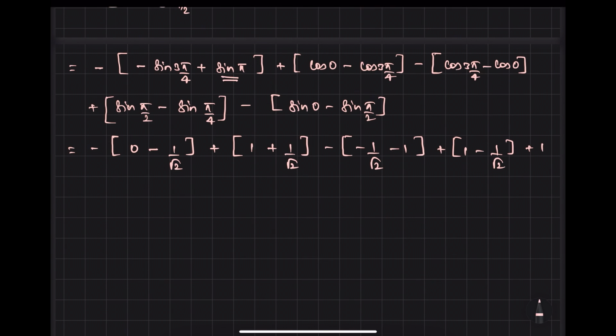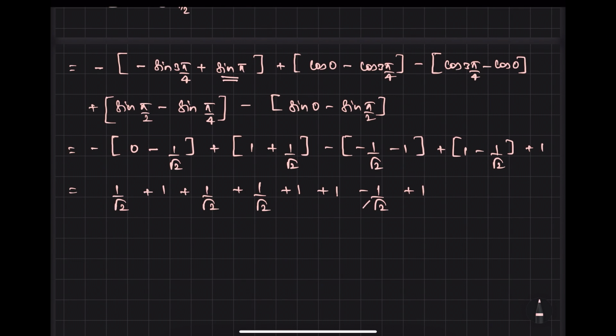Okay. Now let's simplify things. So it will become 1 by root 2 plus 1 plus 1 by root 2 plus 1 by root 2 plus 1 plus 1, and then minus 1 by root 2 plus 1.